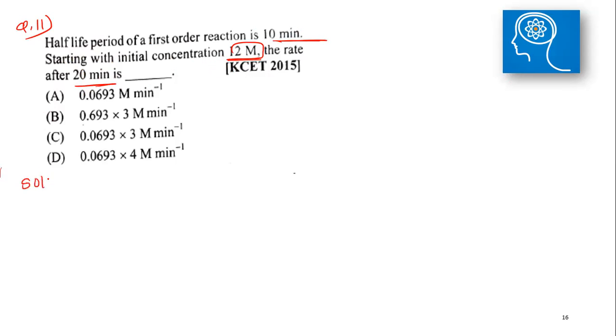Solution. Half life period of the first order reaction.